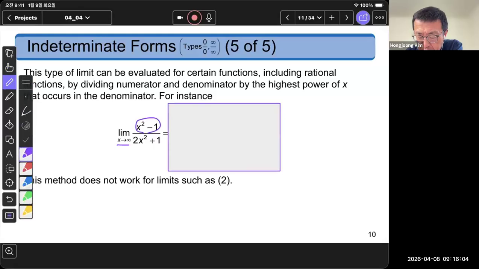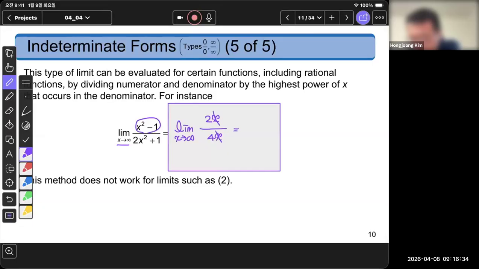So what I mean is, if I differentiate the numerator, what do I get? 2x. If I differentiate the denominator, what do I get? 4x. And then, before I consider this limit, since x is common here, I can cancel this x.